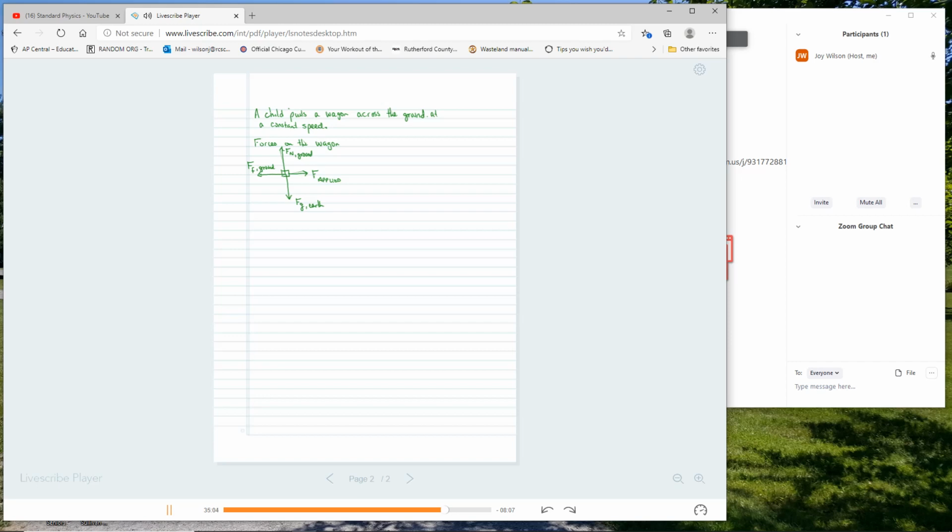The second law says if the forces are not balanced, you accelerate. You only have two choices. Forces come in pairs. They're either balanced or they're not. If they're balanced, there's one thing that happens. If they're unbalanced, you get something else. I said this is moving at constant speed, which tells me that my forces have to be balanced. Whatever I'm doing, the forces on the wagon all add up to zero, so I'm not speeding up or slowing down. I'm just trucking along.